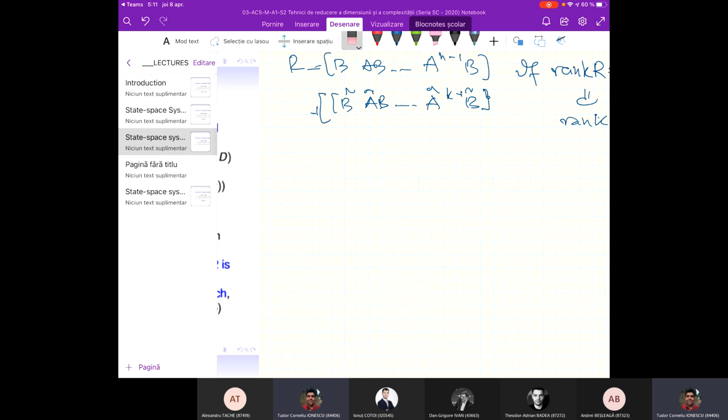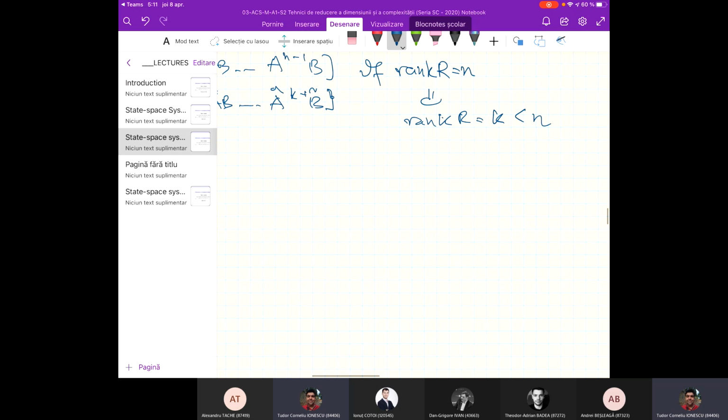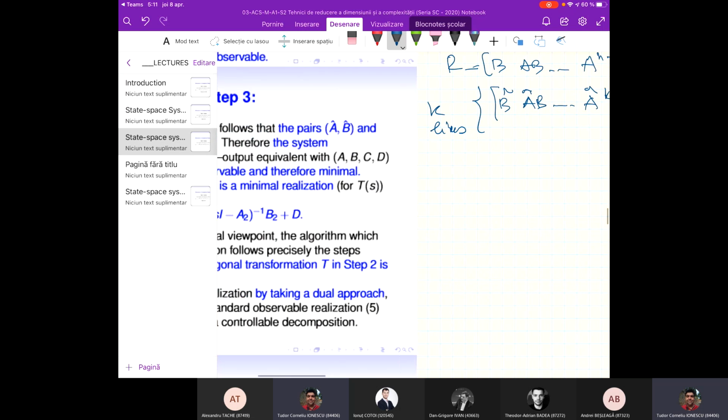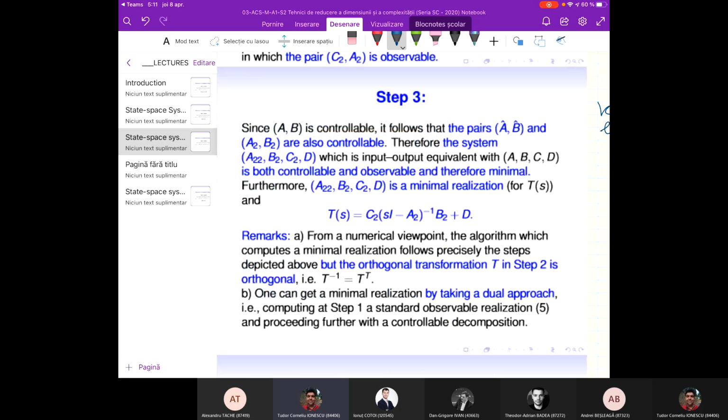So for any portion of this R, the rank condition holds. So any part of the system which is controllable is again controllable. Therefore, the system A22 B2 C2 D, which is input-output equivalent with the original ABCD, we know that, is both controllable and observable, and therefore minimal.